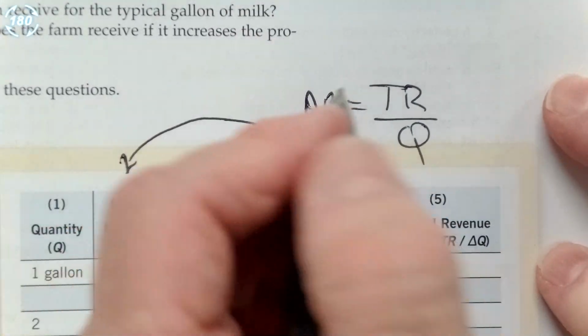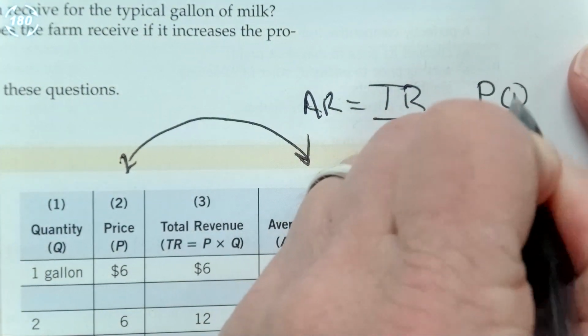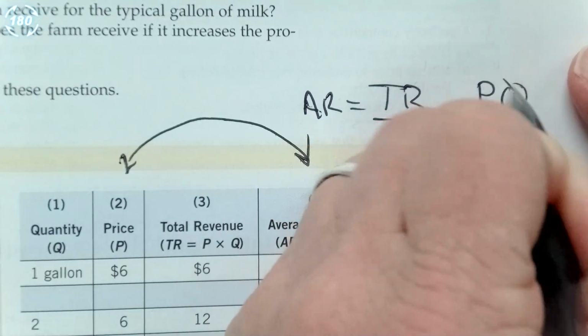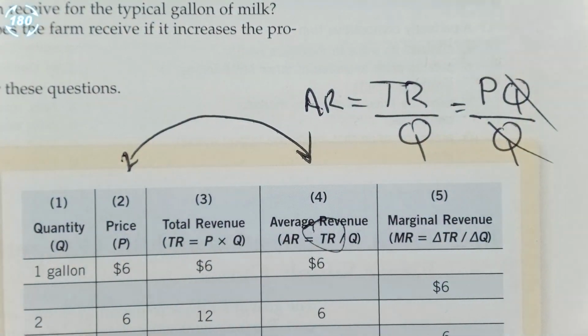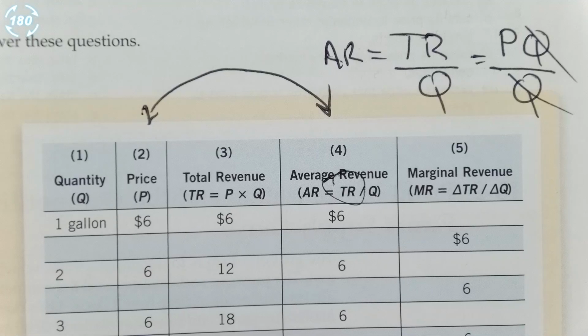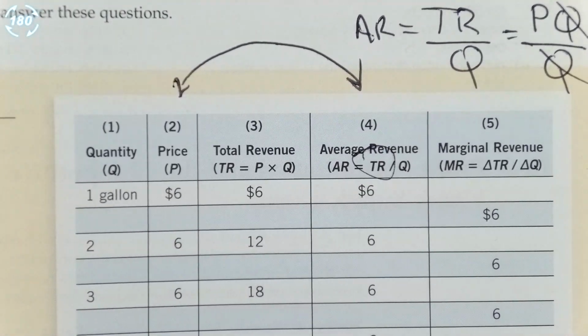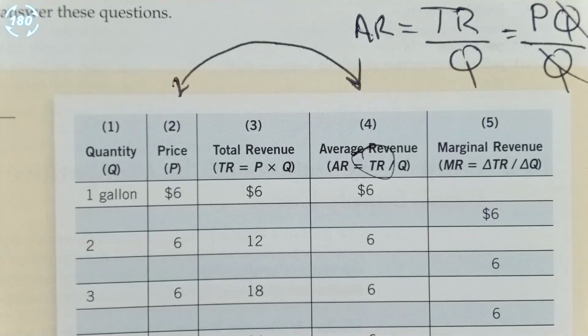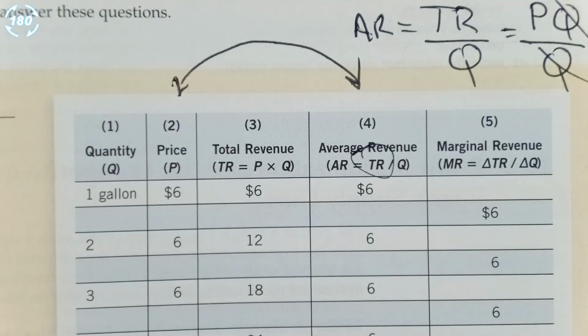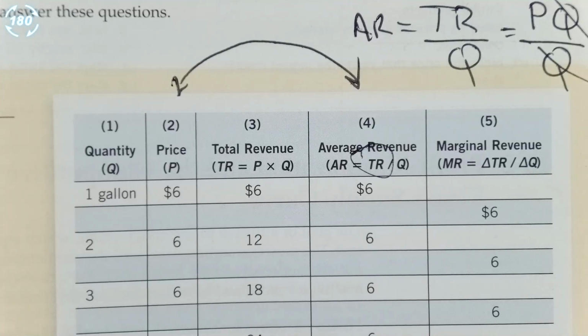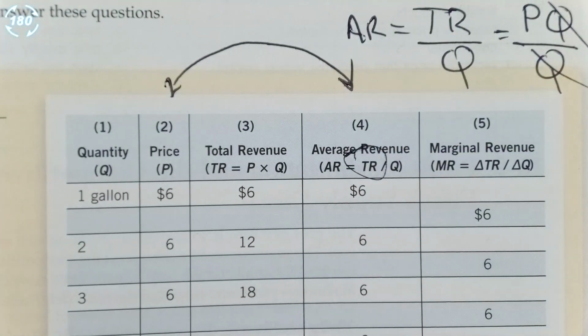Total revenue is price times quantity, then of course quantity cancels out here. So that works in this particular market structure, okay? Price and average revenue are going to be the same. So the average revenue curve for an individual supplier is going to be a constant curve, okay? All right.